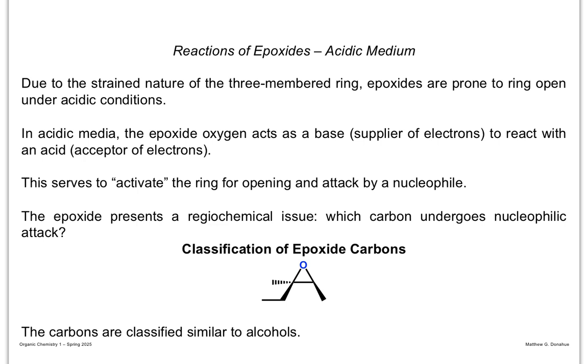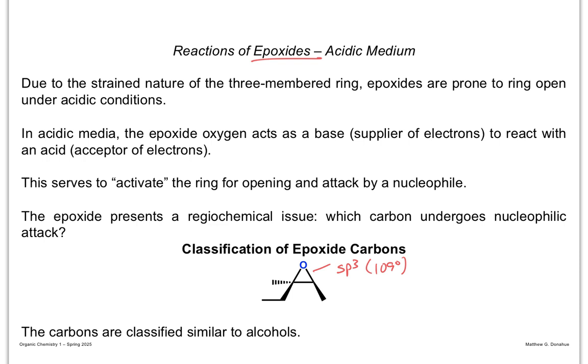So why are epoxides important? When we look at that three-membered ring, we see that all of the atoms are sp3 hybridized. They should achieve a bond angle of 109.5 based on sp3 hybridization. You can see that because it's three atoms, it clearly doesn't do that.